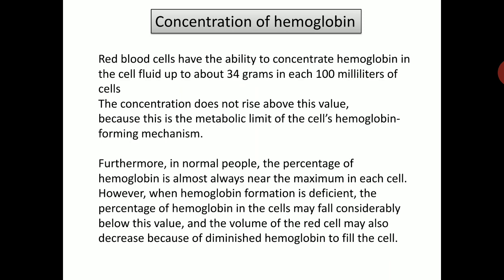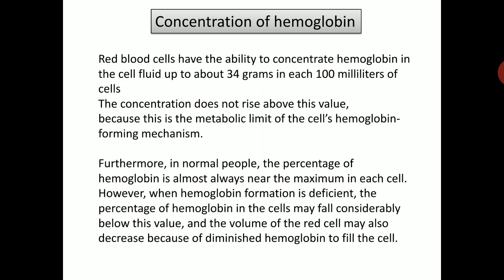This concentration does not rise above this value because this is the metabolic limit of the cell's hemoglobin forming mechanism. Furthermore, in normal people, the percentage of hemoglobin is almost always near the maximum in each cell.